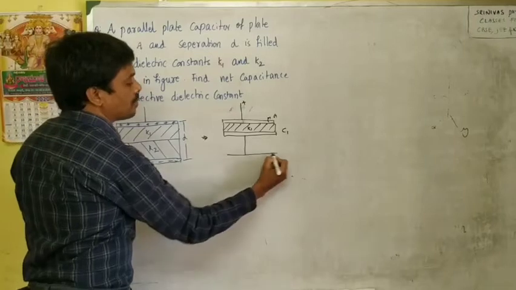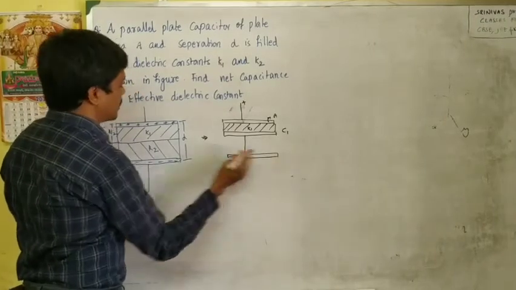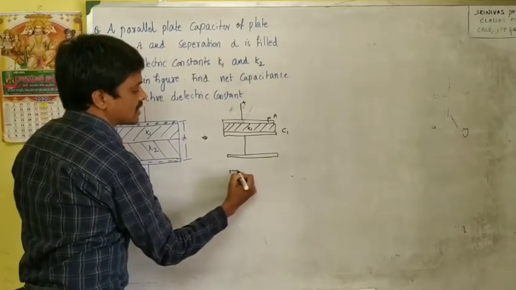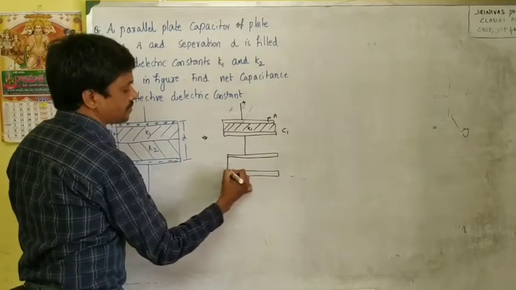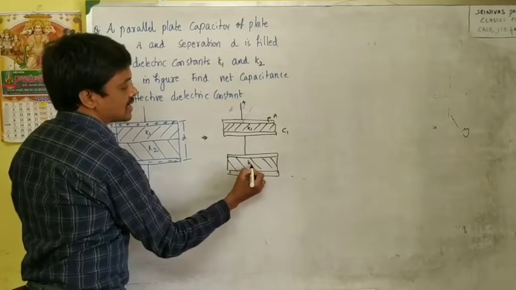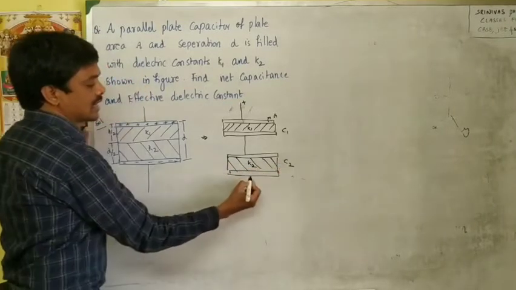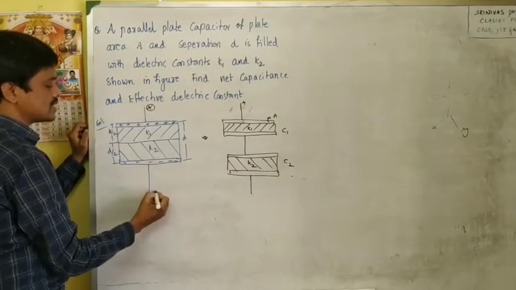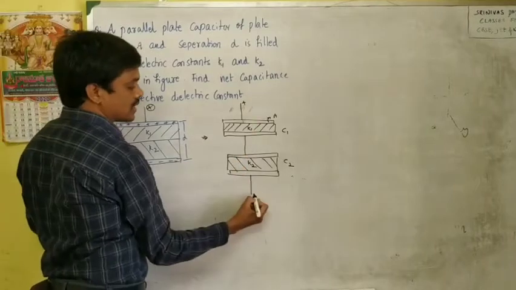Now another plate, up to here one capacitor, and this is another capacitor, whose capacitance we consider as C2, and the second dielectric constant is K2. Here this is positive and this is negative, and here positive and this is negative.